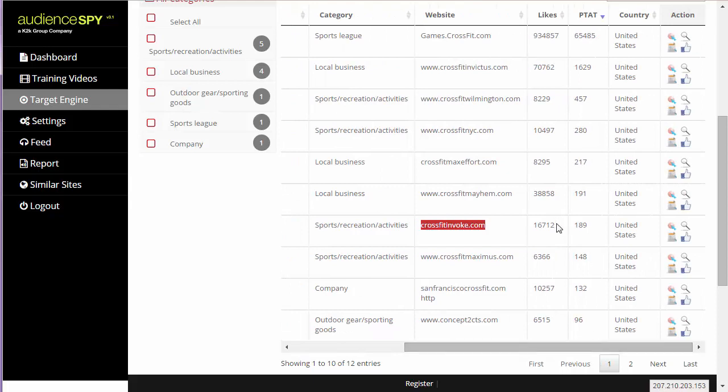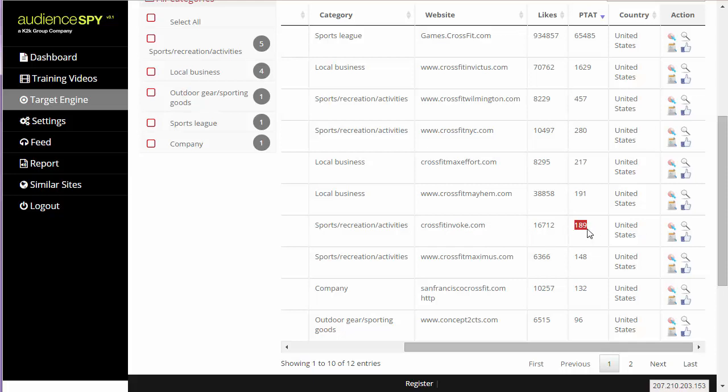But again, rather than just being impressed by the number of likes, because it seems like 16,000 fans must be a really good page, when we throw all our ad budget at it, there's only actually 189 people today interacting with that page. So how passionate are they about it?